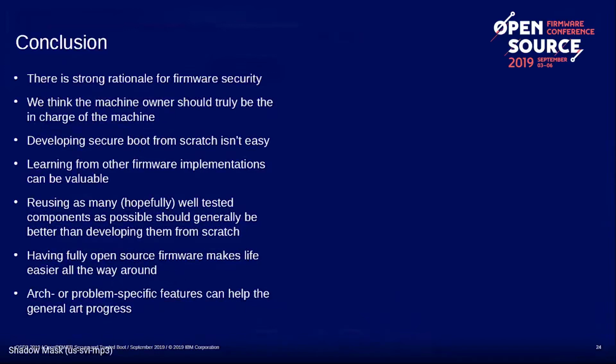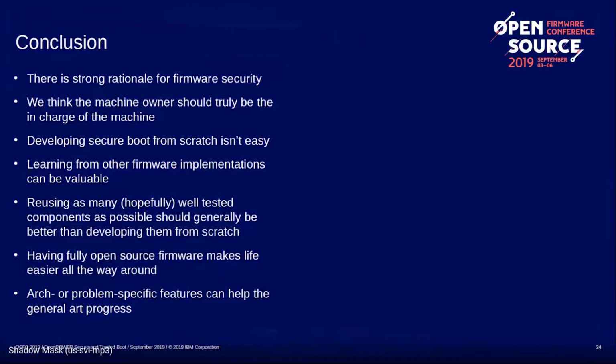This is really an update to a series of talks that Eric Richter, Claudio Carvalho, Nayna Jain, and others have presented at the Linux Security Summit and Open Source Summit. So it's taken us a while to get here. And having well-tested components hopefully helps us along the way.